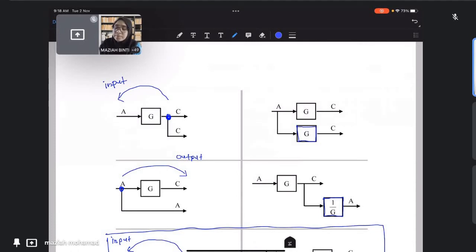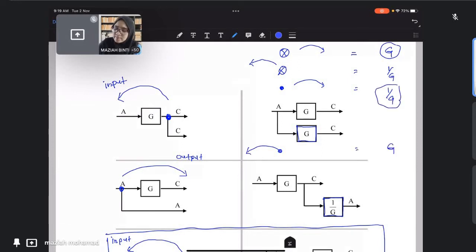You just remember that a summation point toward the output will multiply with G, because if you move toward the input, it will become multiply with 1 over G. As for the pick-off point toward the output, it will be vice versa from this one, so it is 1 over G. And the last one, pick-off point toward the input, vice versa with this one, so it is G. So just remember one: summation point toward the output is G. From there you will be able to determine the other movements.